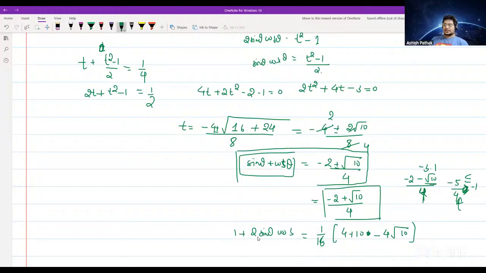From here, you can get the value of sine theta cos theta. Understood? Once you get the value of sine theta cos theta and sine theta plus cos theta, you have to substitute both the values. Once you substitute, you will get the answer of this question. Clear?